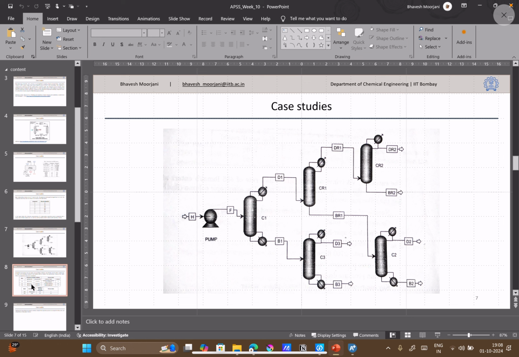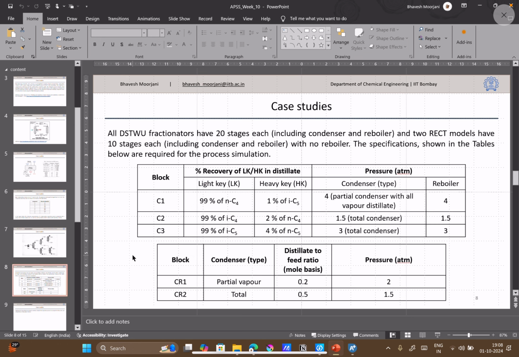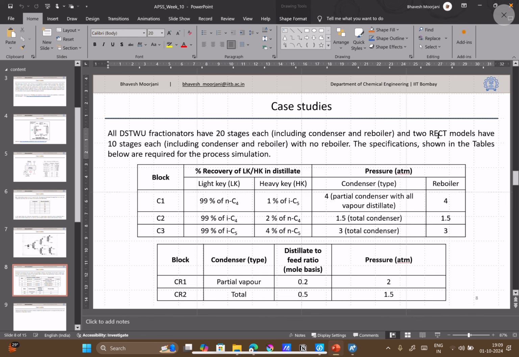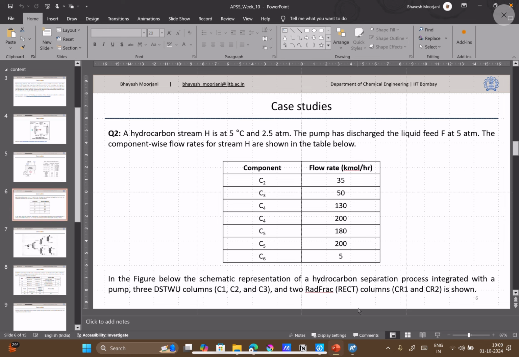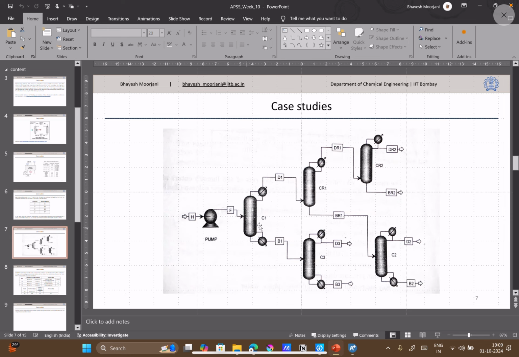Further information is given that all DSTWU fractionators have 20 stages each, including condenser and reboiler. The 2 RECT models: RECT is nothing but a modification of the RadFrac column. Here we have 2 RadFrac columns, CR1 and CR2, but if you see here, both of them do not have any reboiler.